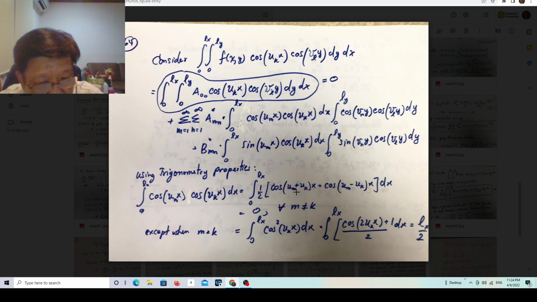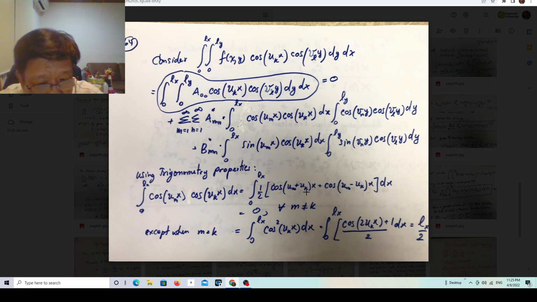Why? Because when m is not equal to 0, this is not the cos 0. It's got to be cos of some function. If that is going to be cos of some function, you know that the integral of cos function is always 0 over the period of 0 to l sub x.